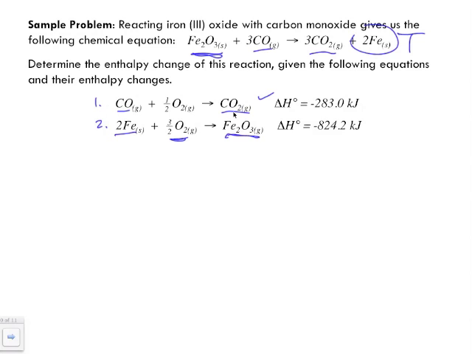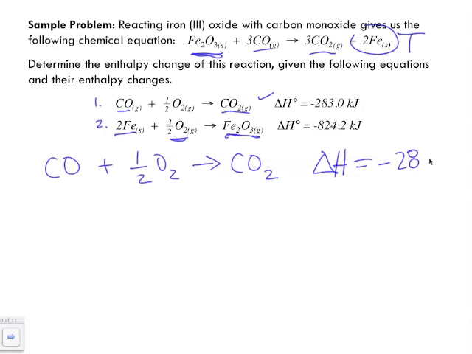So equation 1 is as is, right? And I'm going to not put the states just to make things hopefully a little bit neater. But when you're working yours out, please include the states. So delta H is equal to minus 283 kilojoules. Now, this is our first equation, right? As we said, equation 1 so far matches now, but the only thing is equation 2.